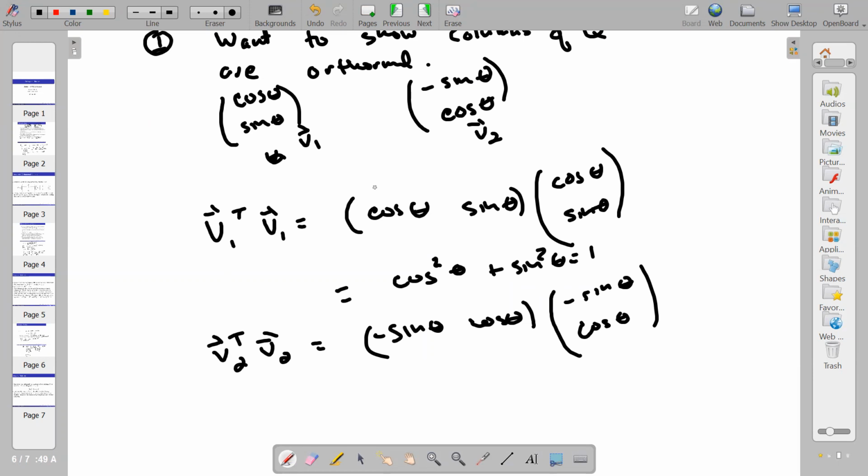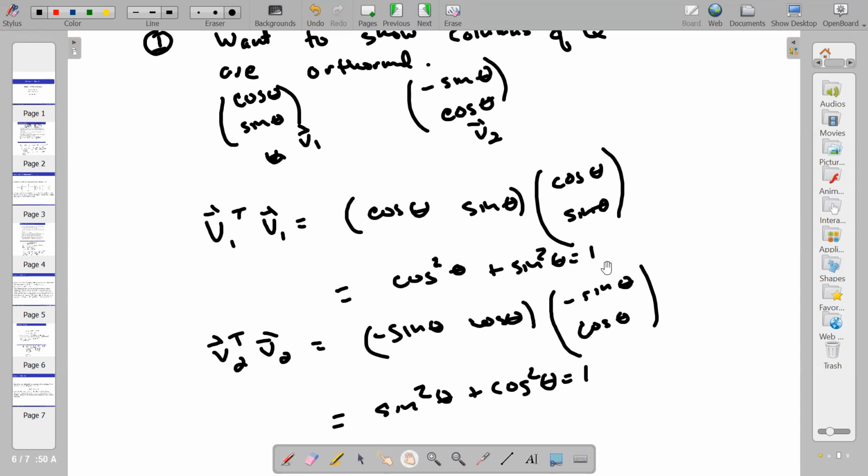If you get 1 out of this, the vector is 1 unit long, because the positive square root of 1 is 1. Minus sine times minus sine gives you sine squared. Cosine and cosine gives you cosine squared, and that's also 1. So at least the vectors have the right length.